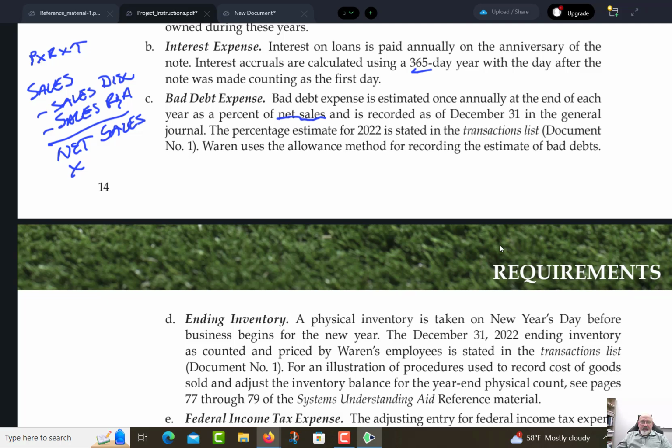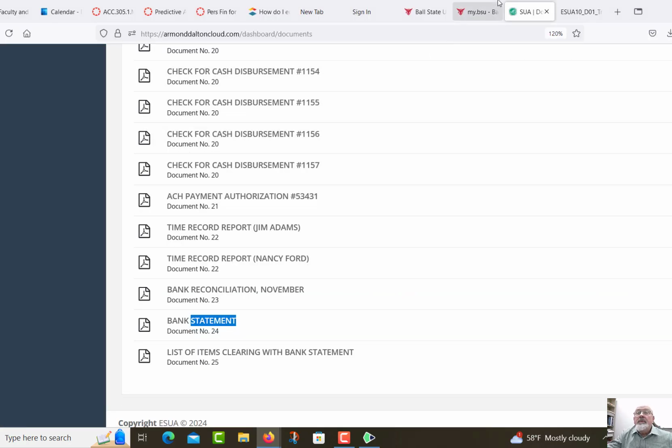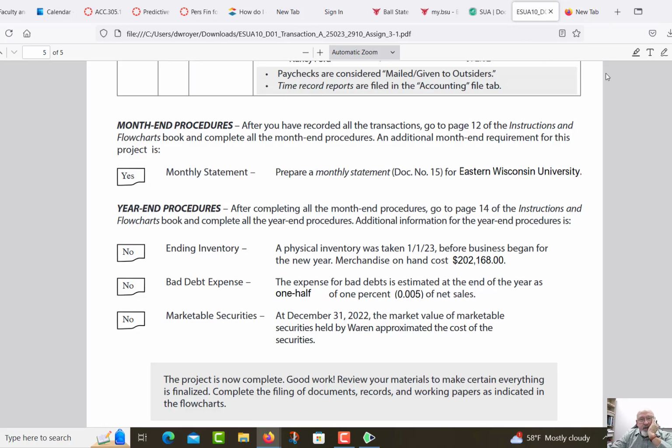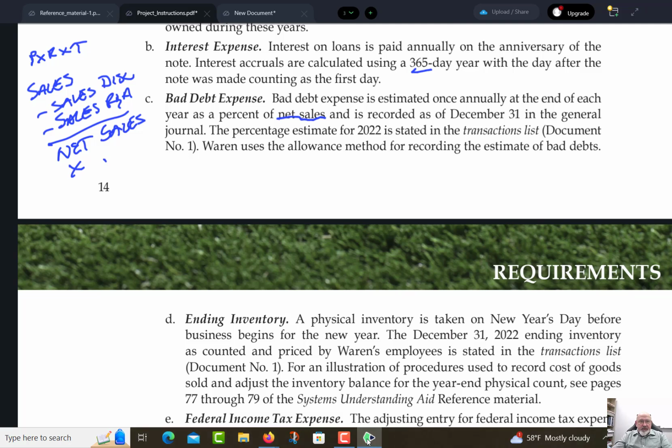Here we don't care. So if we go back to this transaction list for bad debt expense, we're going to see that we're going to calculate the bad debt expense as 0.5% of net sales. So we're going to take 0.005 times whatever is in net sales.